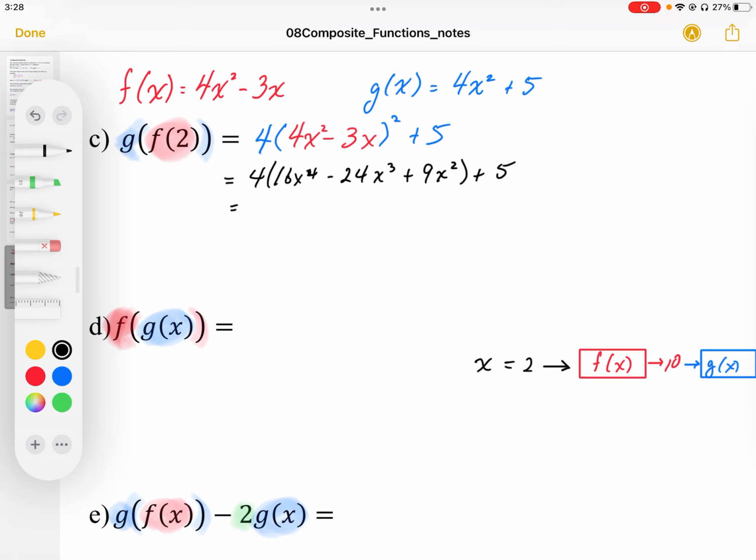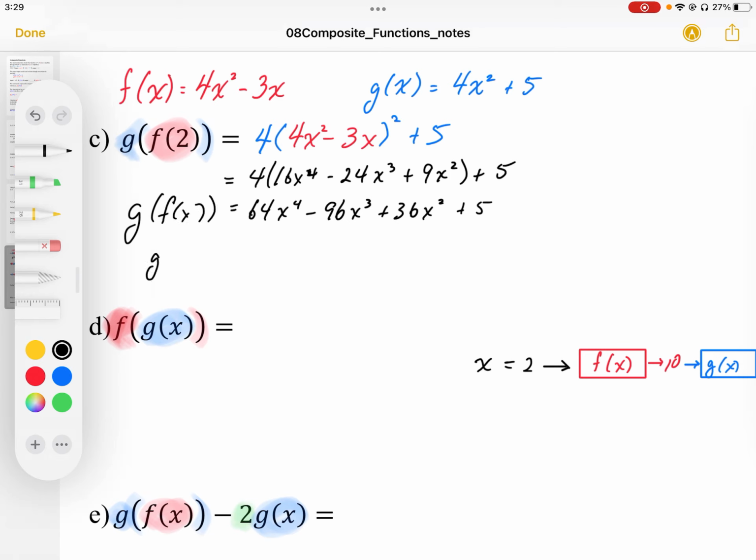Then this works out to be 16 times 4 is 64x to the power 4, minus 96x cubed, plus 36x squared, plus 5. So that is my g of f of x.